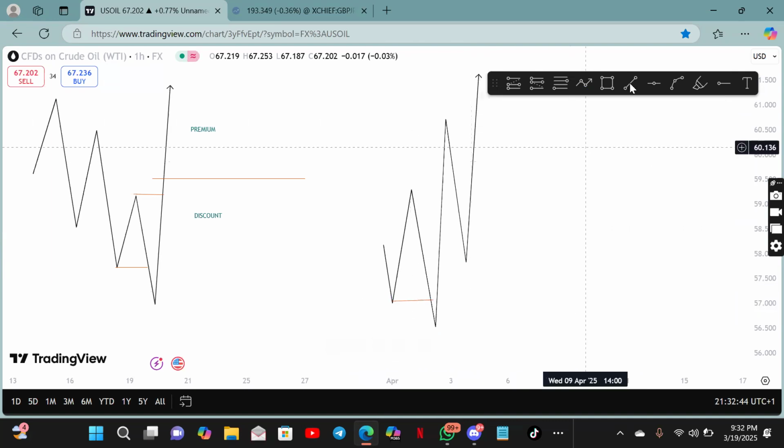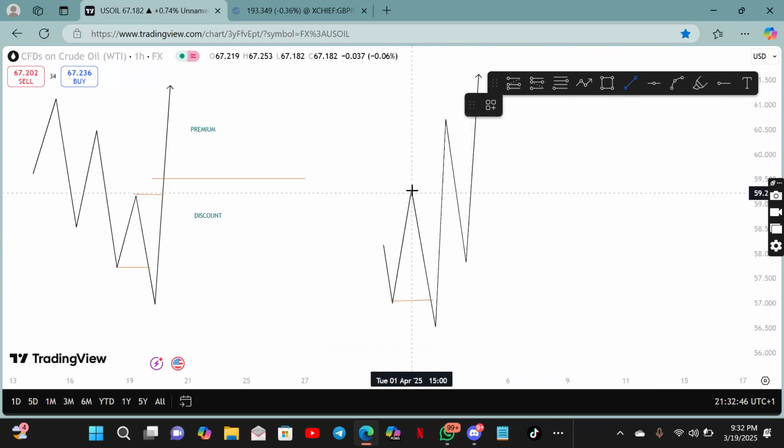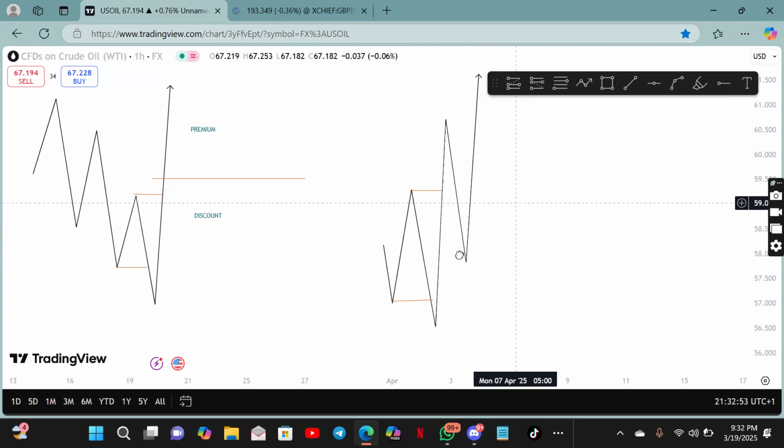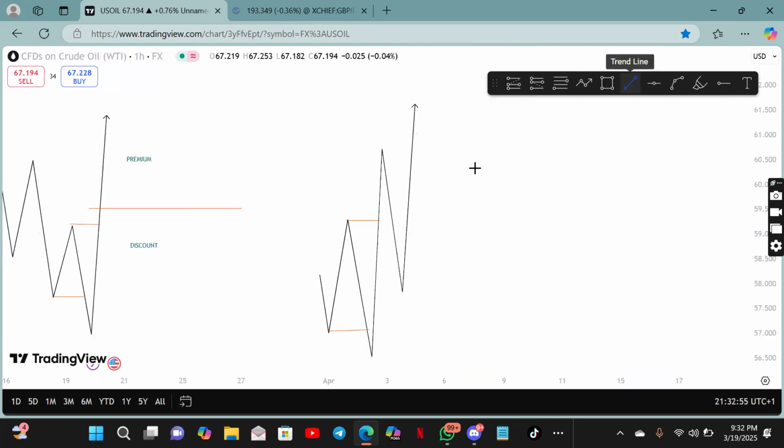This is your sweep. Okay. This is your what? Reconstruction. R1, R2, reconstruction? Okay. So this one is your traditional liquidity, right? Then you have your second break of structure, right?